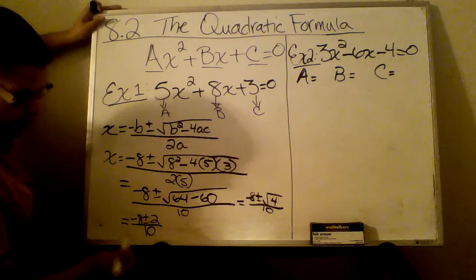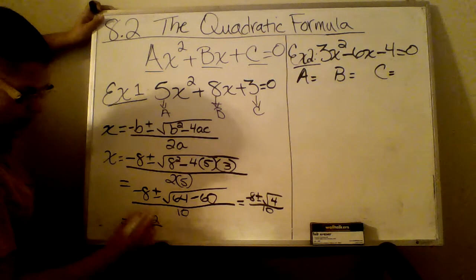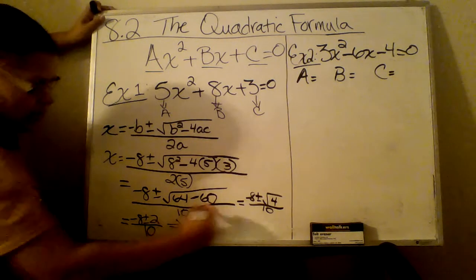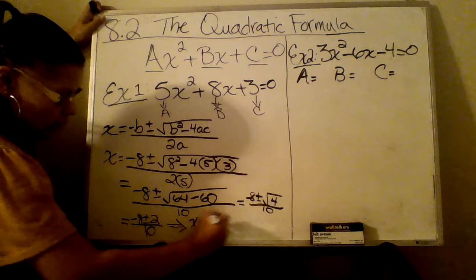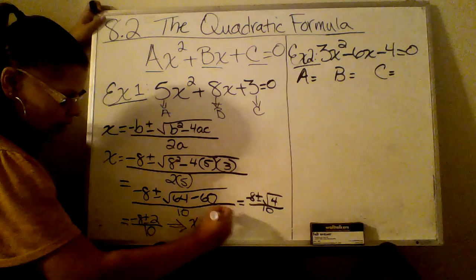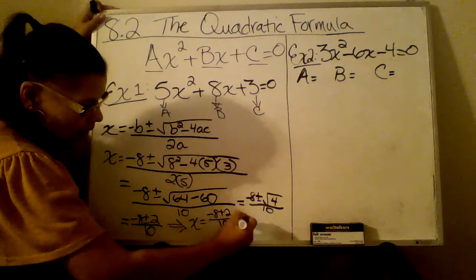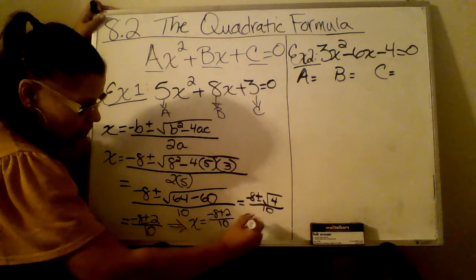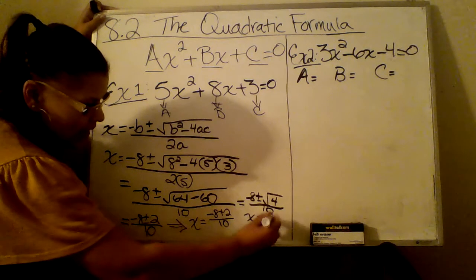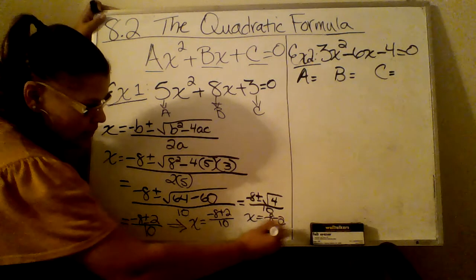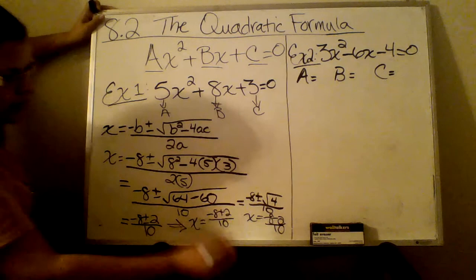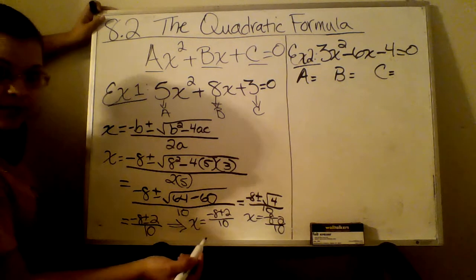So now we can simplify this. We take it piece by piece, and I'll show you how to split it up. So x equals negative 8 plus 2 divided by 10, and then x also equals negative 8 minus 2 divided by 10. So you're using that plus minus, you're splitting it up.